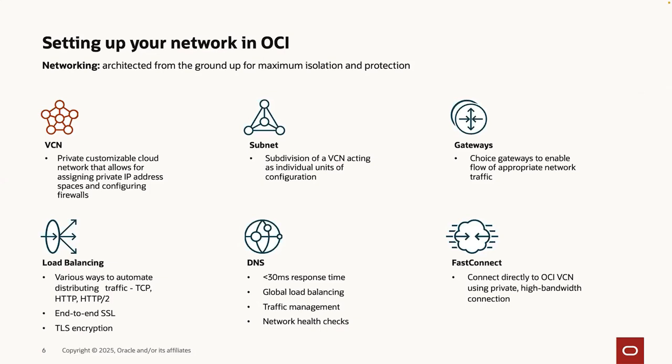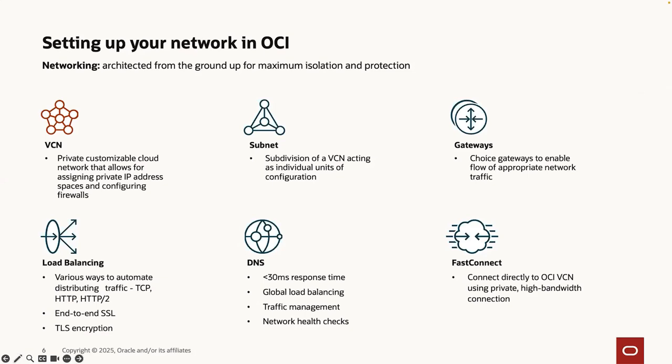We'll cover each one of these separately during the session, but I would like to just quickly list them out for you. So first we have the VCN, the Virtual Cloud Network, which is similar to your traditional data center, and it provides you complete control over your cloud networking environment without having to deal with the underlying hardware. So this is where all of your resources are going to be housed. Next, we have subnets, which are subdivisions of a VCN acting as individual units of configuration.